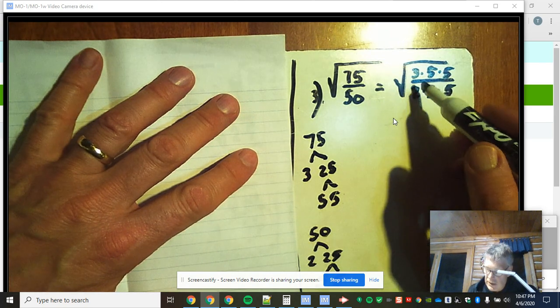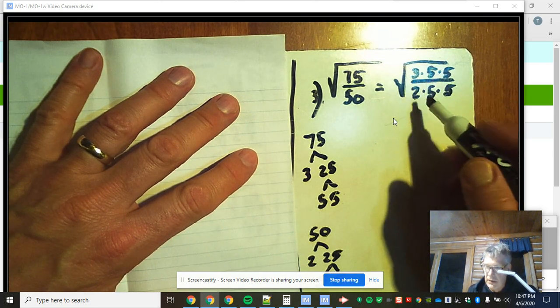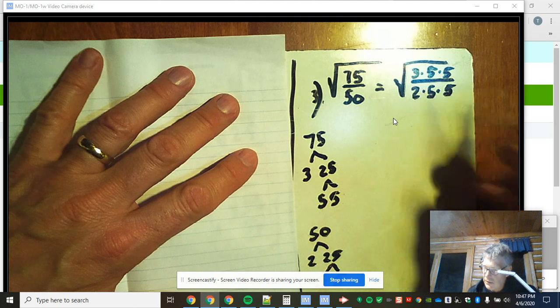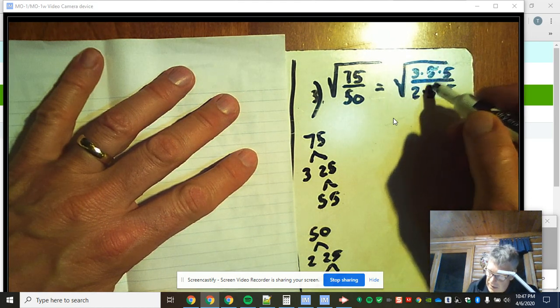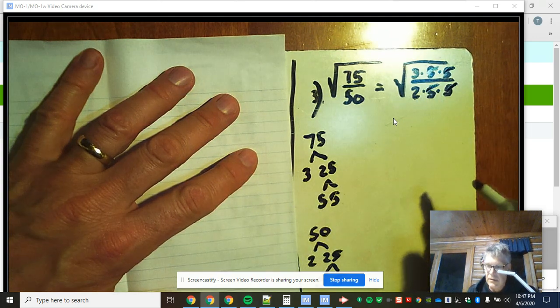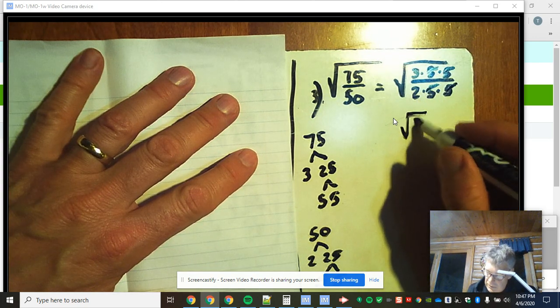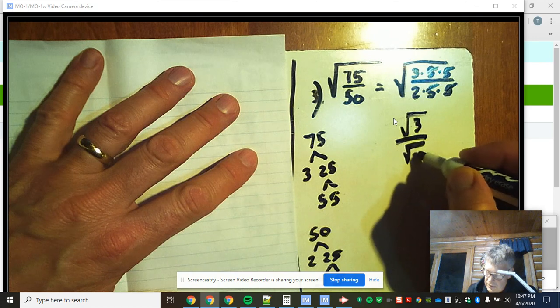So that's step 1. I wrote 3 times 5 times 5 over 2 times 5 times 5. If you look, I want to reduce next. So the 5's cancel. So really, I have the square root of 3 over the square root of 2.